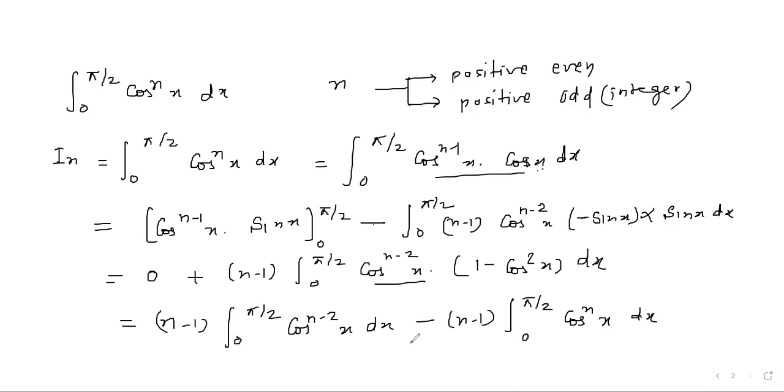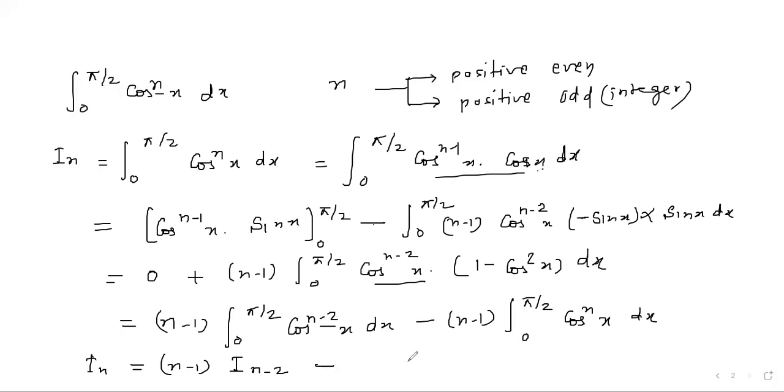So we can write it as I n. So I n equal to n minus 1 times, this can be written as I n minus 2 because power is decreased by 2. Initial power was n, now it is n minus 2.